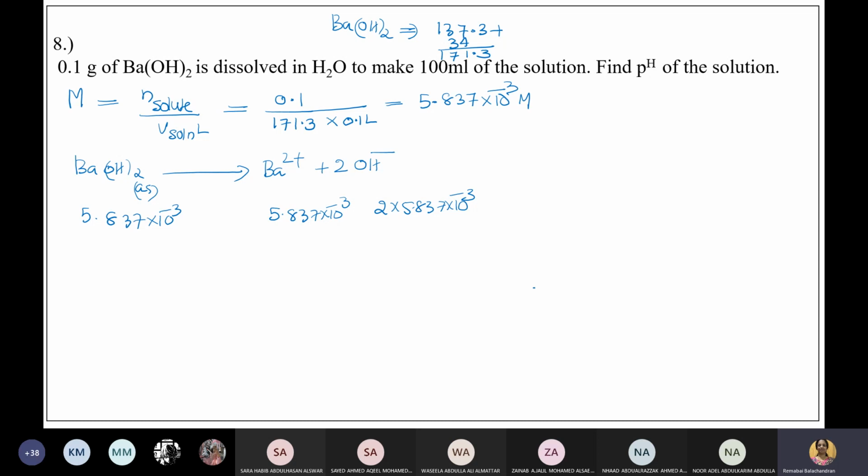So now you can calculate the answer and find the pH. pOH is equal to minus log of the concentration of OH minus, 2 times 5.8 times 10 to the minus 3. Tell me the answer. 1.932.